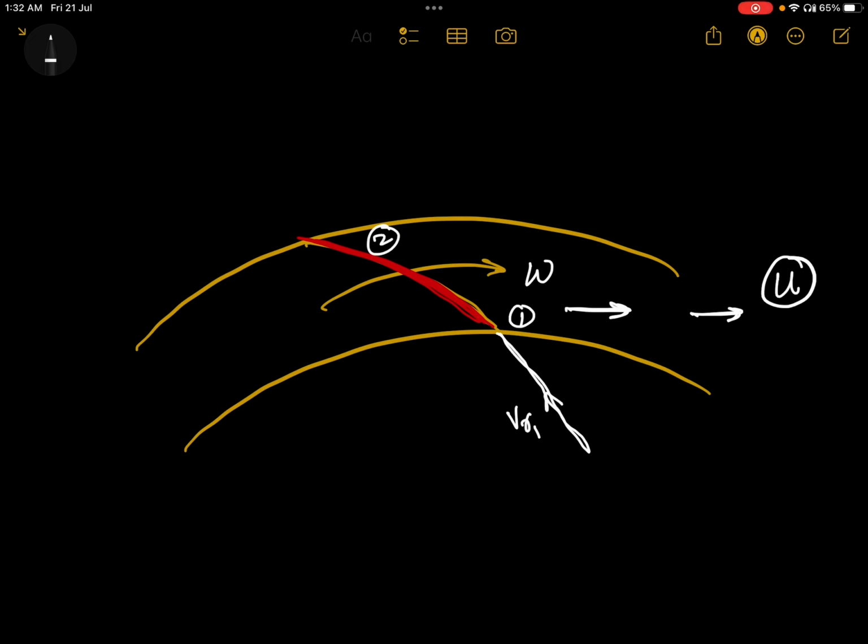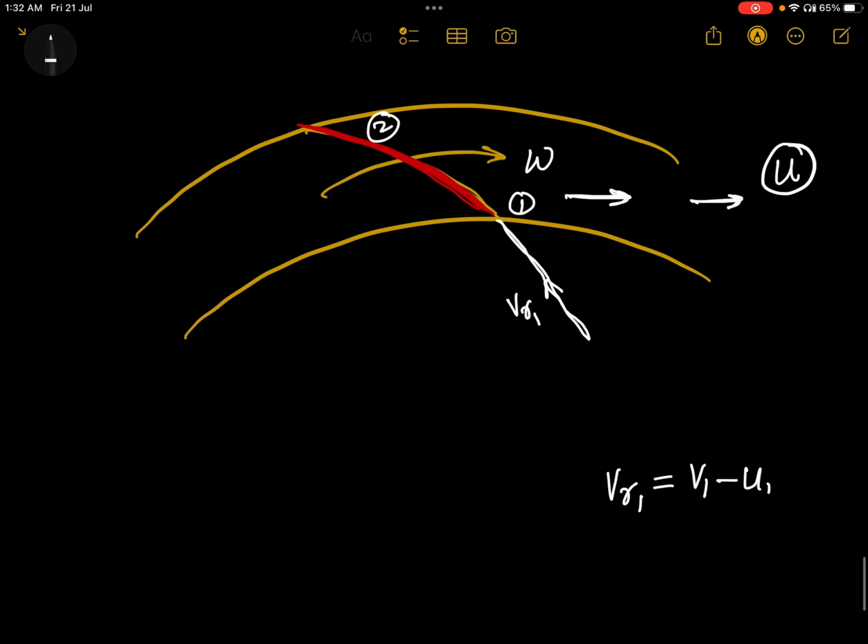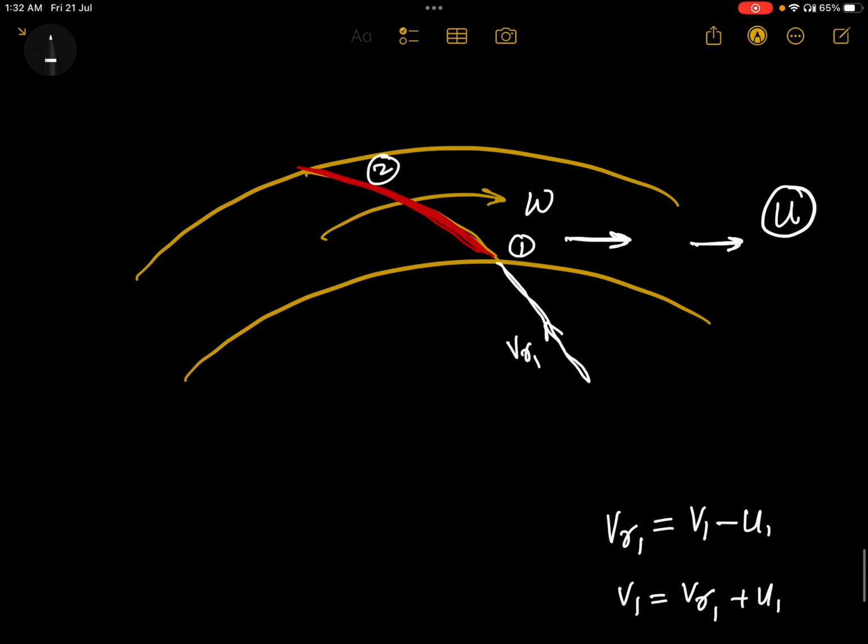Now we have defined that VR1 is equal to V1 minus U1, or we can say that V1 is equal to VR1 plus U1. So we know VR1 and we know the direction of U. From that we can find the direction and the magnitude of V1, the absolute velocity.